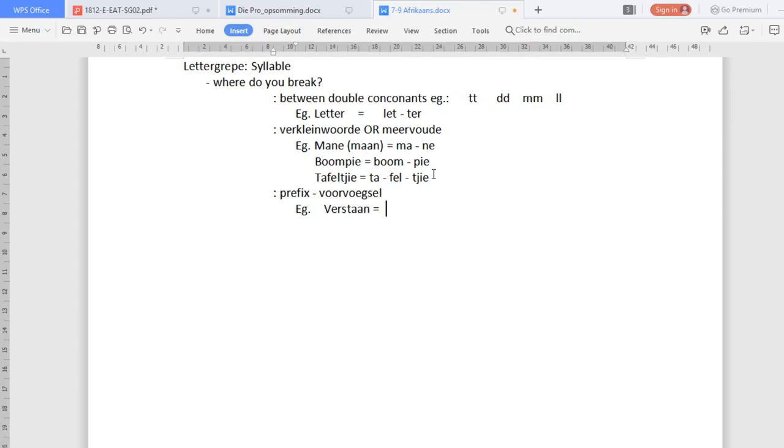Ver is a voorvoegsel, so we've got ver and staan. Begin. We've got be and gin. We've got voorvoegsel. Let's put that. Voorvoegsel.